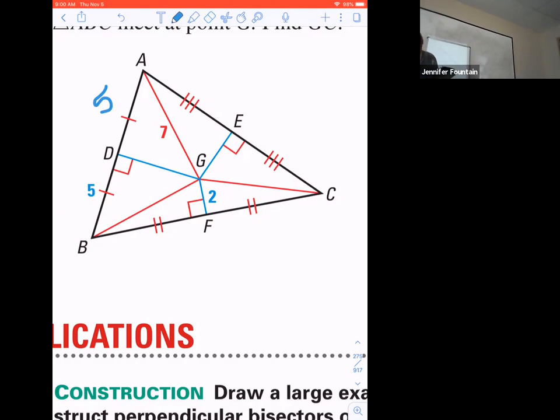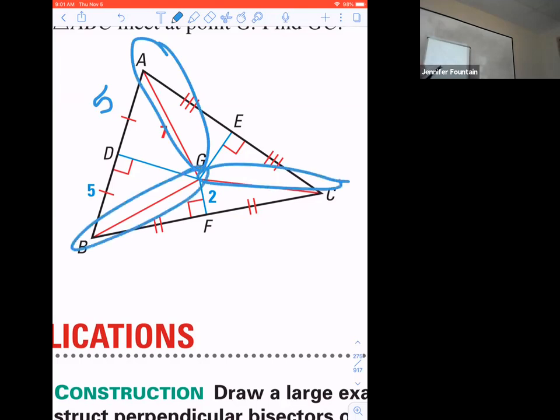We're trying to find GC. So what do we know about AG, CG, and BG? What did we learn about those bisectors? They are concurrent.